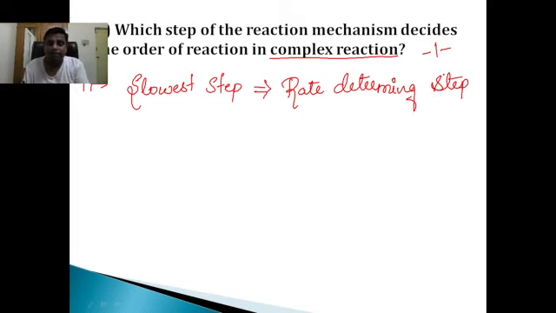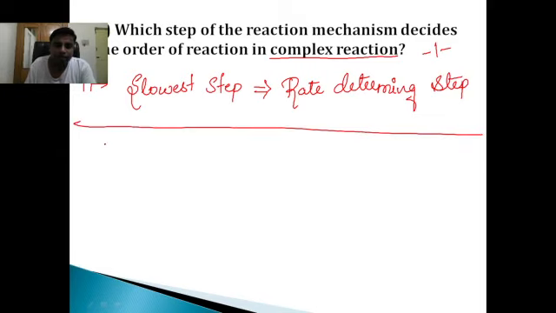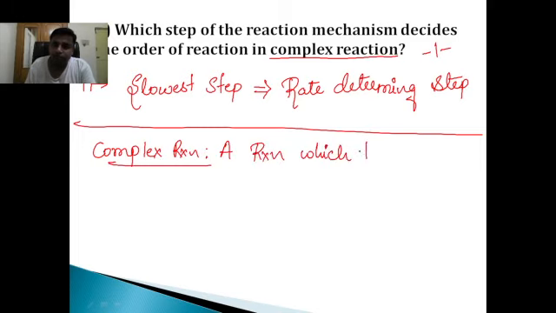A complex reaction means, look here, what do you mean by a complex reaction? A reaction which takes place in one or more steps is called a complex reaction.